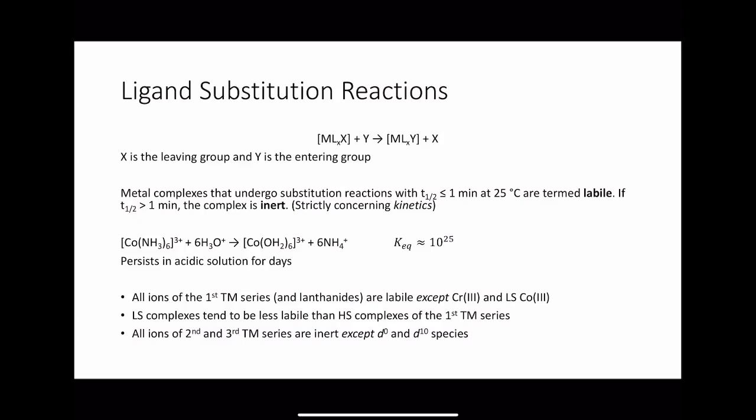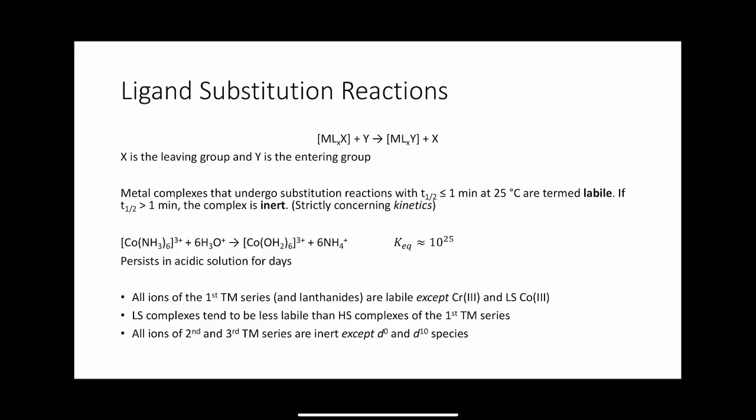If you recall, delta G naught of a reaction is related to negative RT ln Q. So this is a highly exergonic reaction, meaning that it's spontaneous. However, spontaneity has nothing to do with the kinetics of the process or how fast a process will occur. We find that hexaammine cobalt(III) will actually persist in acidic solution for days. Therefore, we would say that hexaammine cobalt(III) is an inert metal complex.